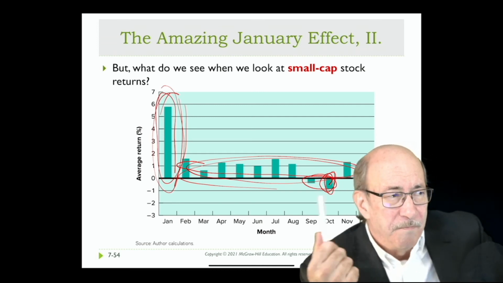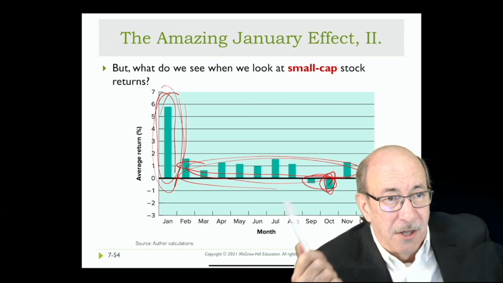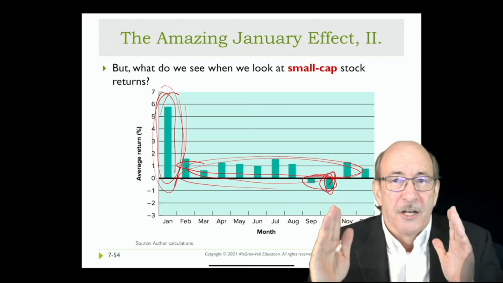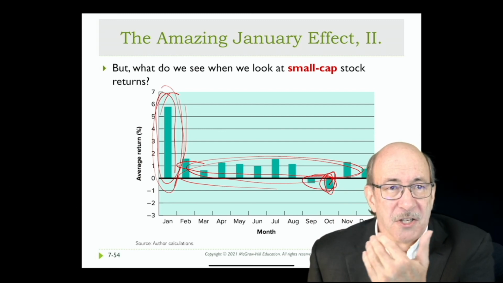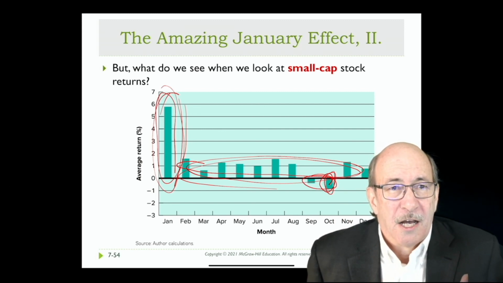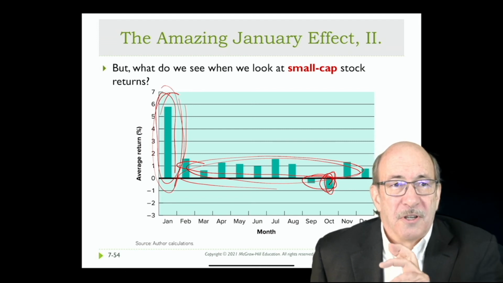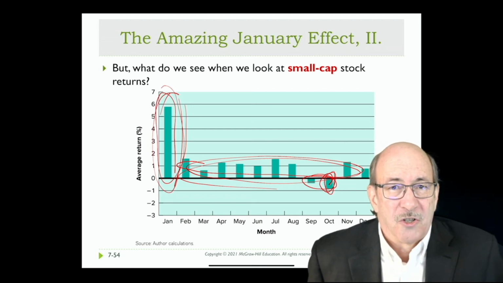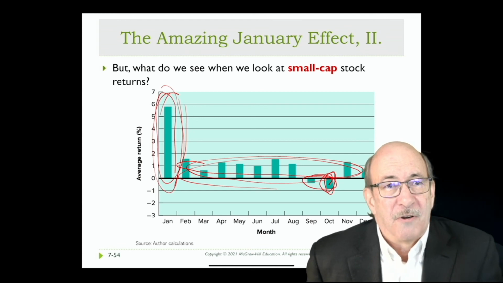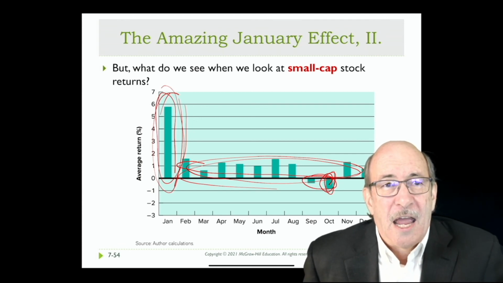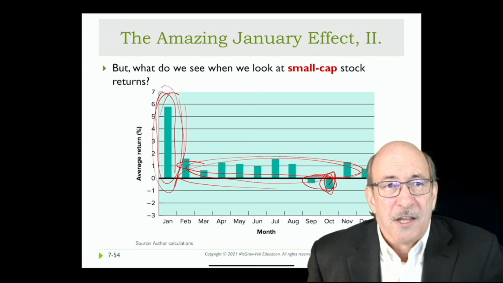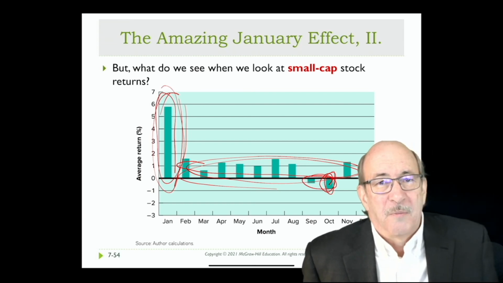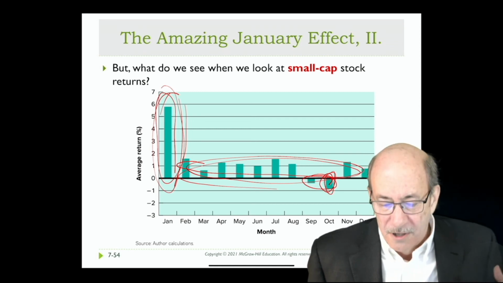The argument goes like this: portfolio managers that hold companies that did very poorly over the prior year are going to sell those to take the tax loss to offset their gains so that they don't have a taxable event. As a result, they get rid of them at the end of the year, and then they turn around and buy them back at the beginning of the year, and that causes an increase in price.